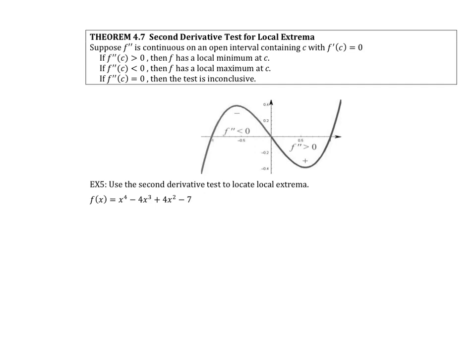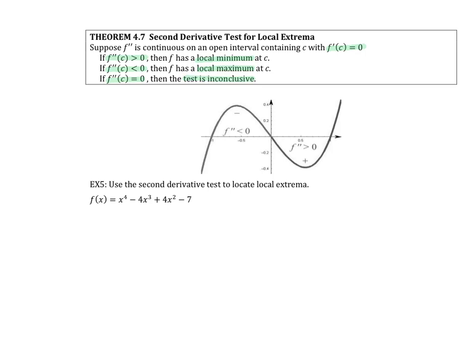So let's look at theorem 4.7. Let's say the first derivative is equal to 0. If the second derivative is positive, then we have a local minimum. If the second derivative is negative, it's a local maximum. And if the second derivative is 0, then unfortunately we can't use this test. It's inconclusive.